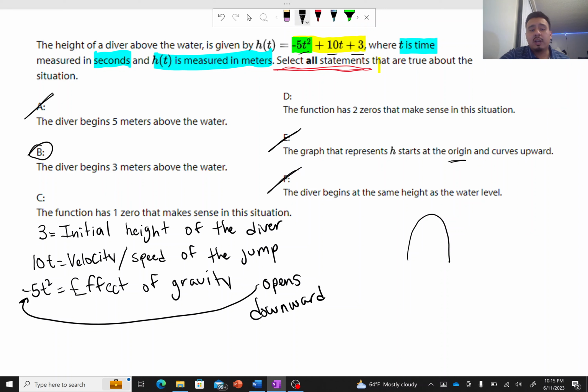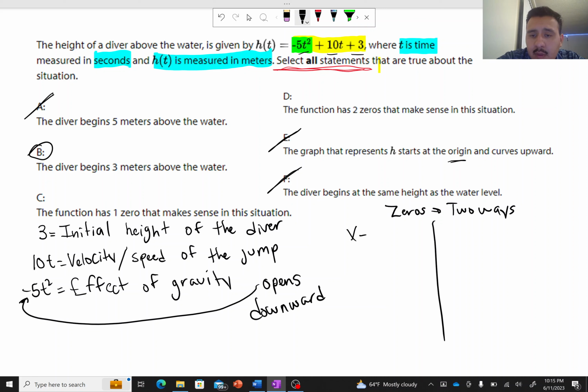All right, let's go ahead and talk about the zeros. The zeros can be found two ways. I'll write two ways. The first one, X method.